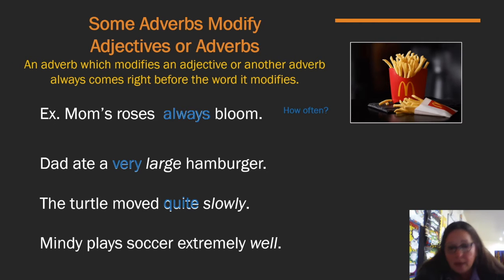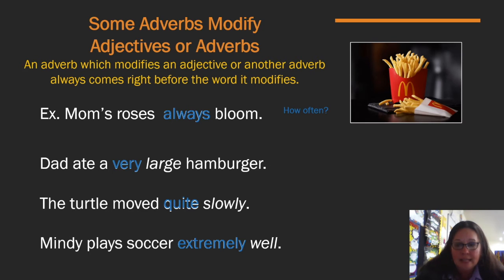So an adverb is modifying an adverb here. Let's look at the next one. Mindy plays soccer extremely well. Well, well is already an adverb describing how Mindy plays, but now we're supersizing it with extremely. Okay, so we have an adverb, again, modifying another adverb.